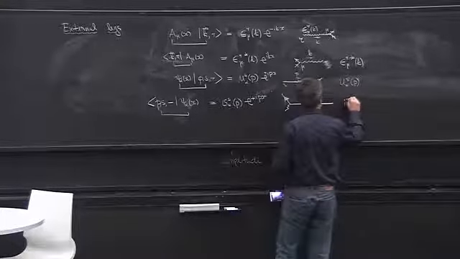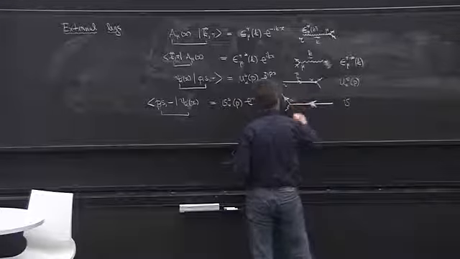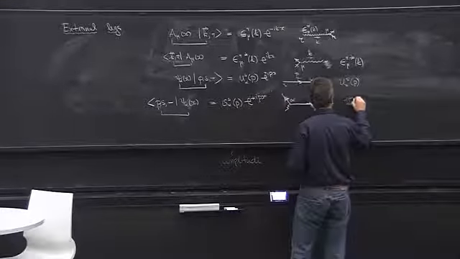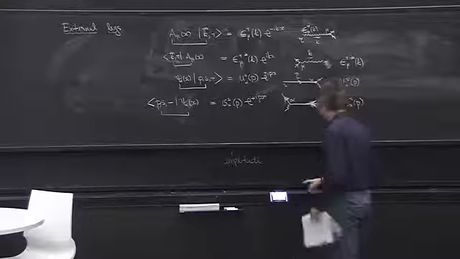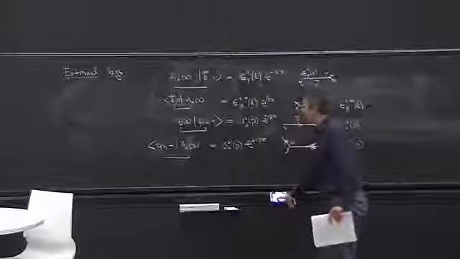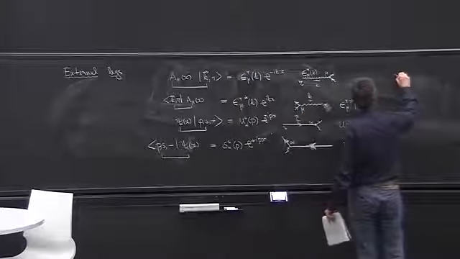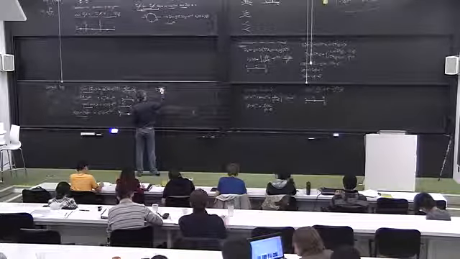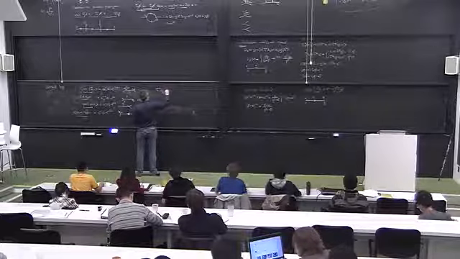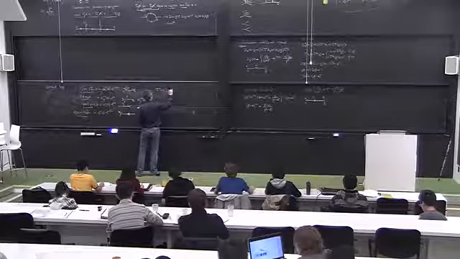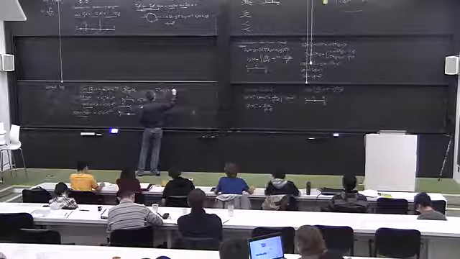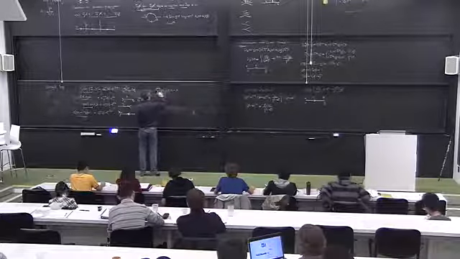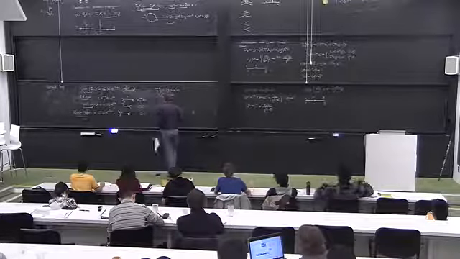So that corresponds to V s alpha of p. And then psi bar beta of x can contract with the positron in the initial state.